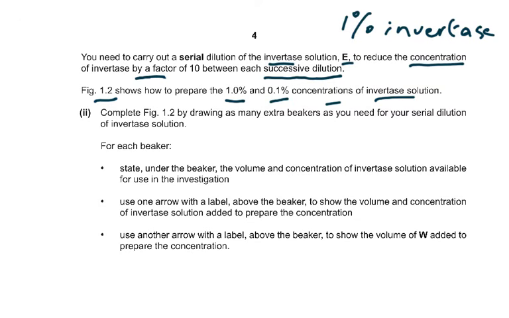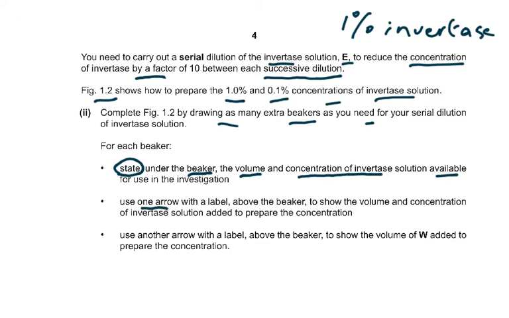Complete figure 1.2 by drawing as many extra beakers as you need for your serial dilution. For each beaker, state under the beaker the volume and concentration of invertase available for use in the investigation.